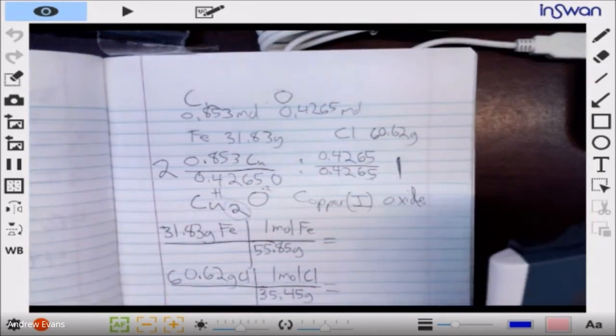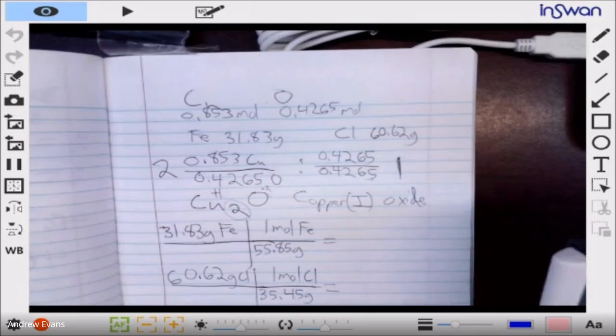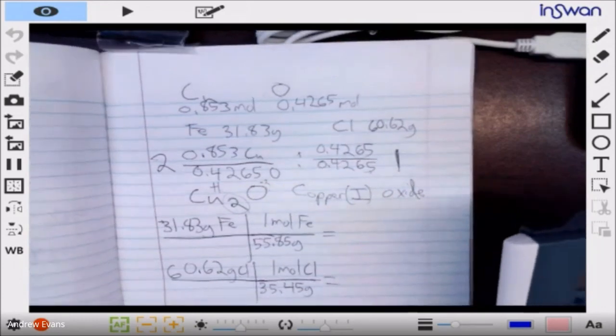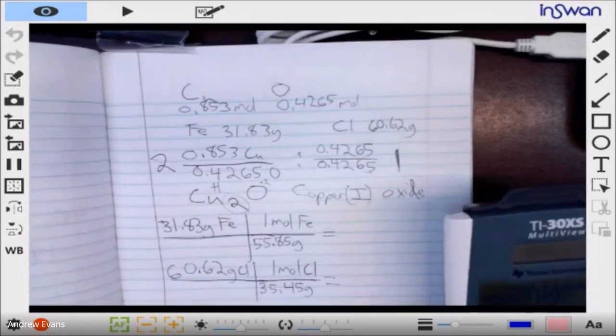I'm going a bit fast. I don't expect you to be zipping through this nearly as fast. So we'll work through it. So 31.83 divided by 55.85.